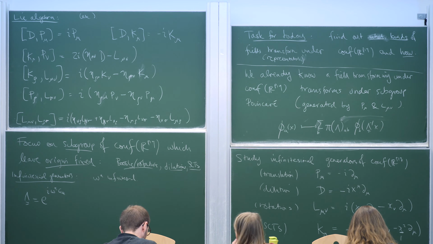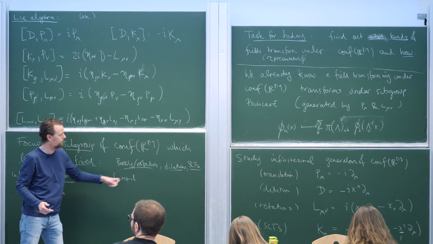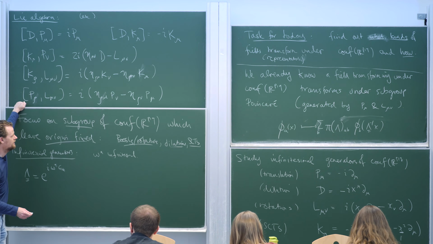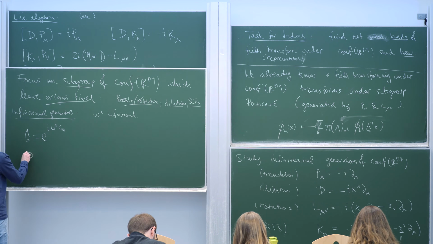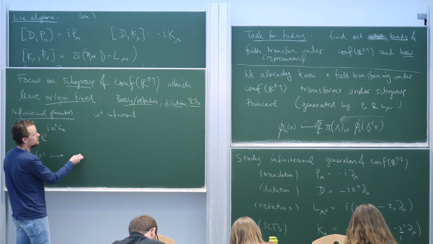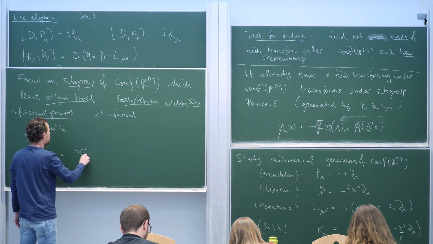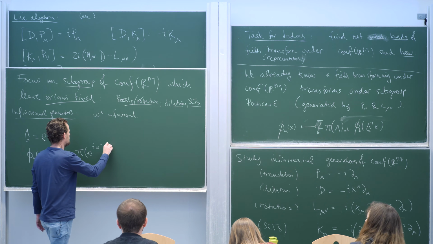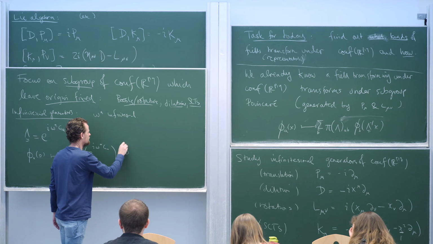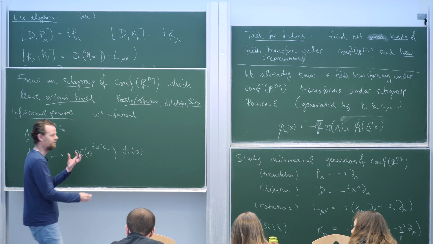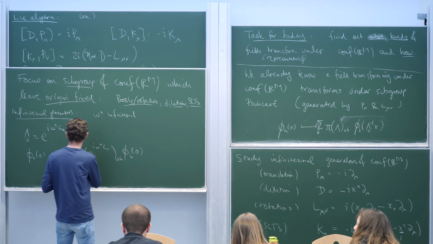We want to think of a little one of these. How does the field transform now at the origin? So phi at the origin goes to, well, pi of this, right? Origin. This is the nice bit about this assumption.